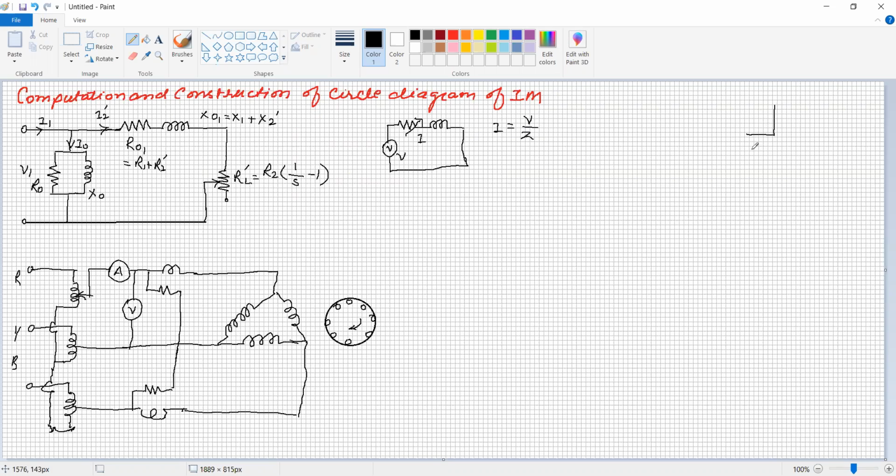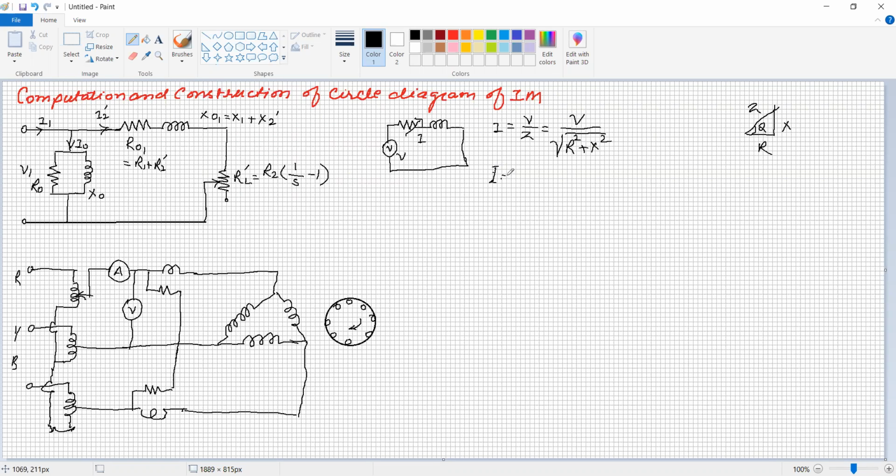This is the value of R, this is the value of X, and this is the impedance Z, and this angle is theta. So it can be written as V upon square root of R square plus X square. So this is the simple current.